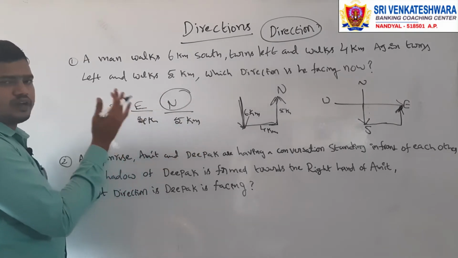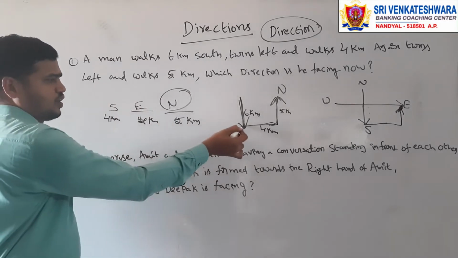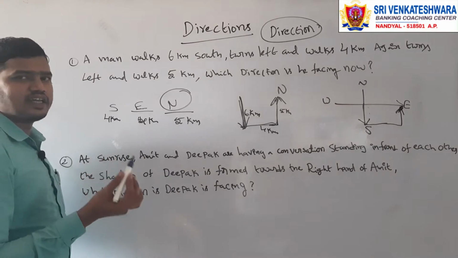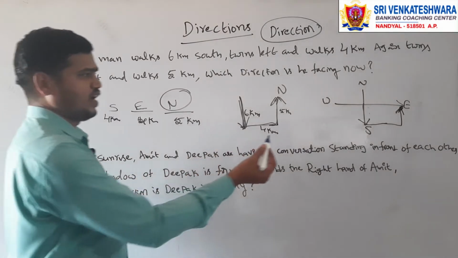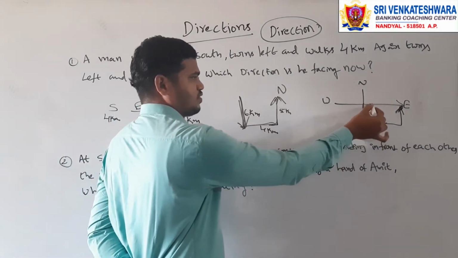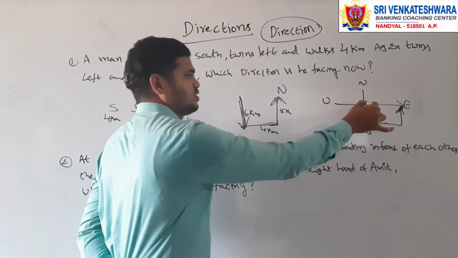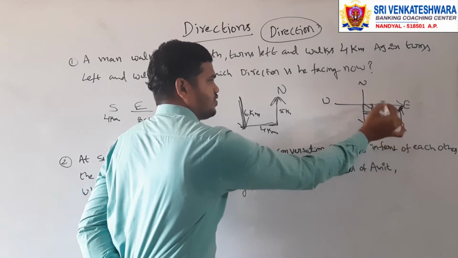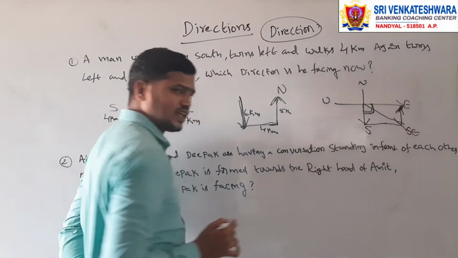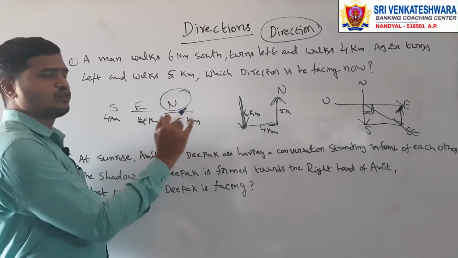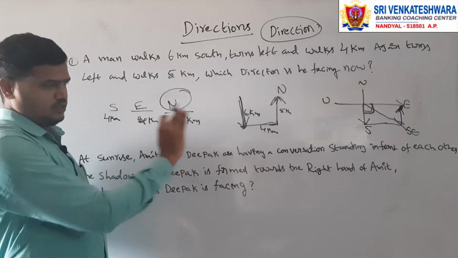For example, 90 degrees: he rotates after 6 kilometers, so from south to east they pass. If he takes only 45 degrees, it means the southeast direction. Here only two are possible: either they will give the turns, or they will give the angles.